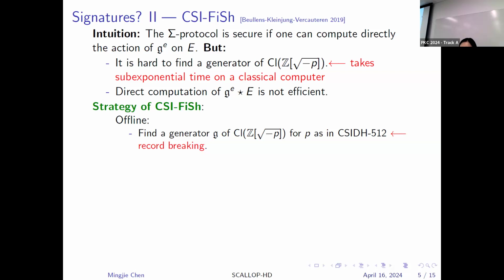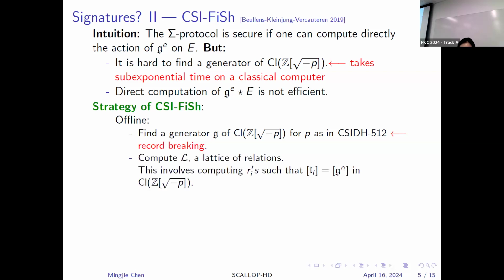There is no trick in doing this. They just use, and this is a record-breaking class group computation in the literature. And then they compute a lattice, a so-called lattice of relations. This involves solving discrete logs in the ideal class group. Finally, they do a lattice reduction step.